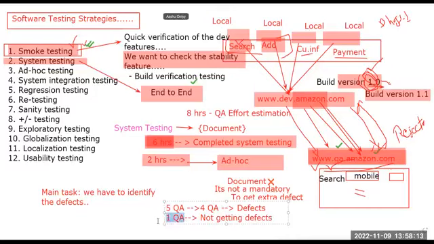Yes or no? Yes, sir. Either this QA is not understanding the requirement, or not able to understand what is a defect, which is a correct feature and which is not. Because of this he's not getting defects. So our main motto in testing the application is that we have to find defects.